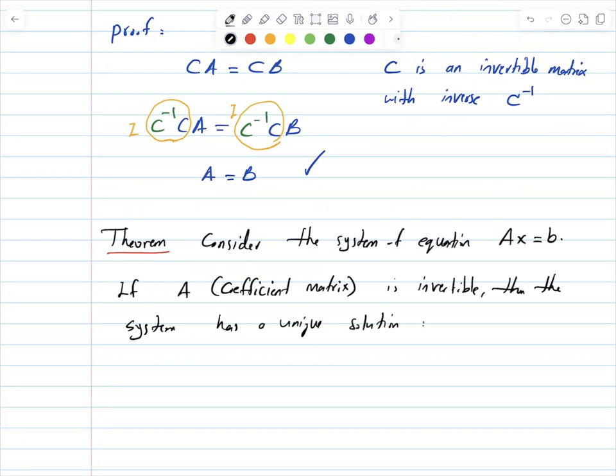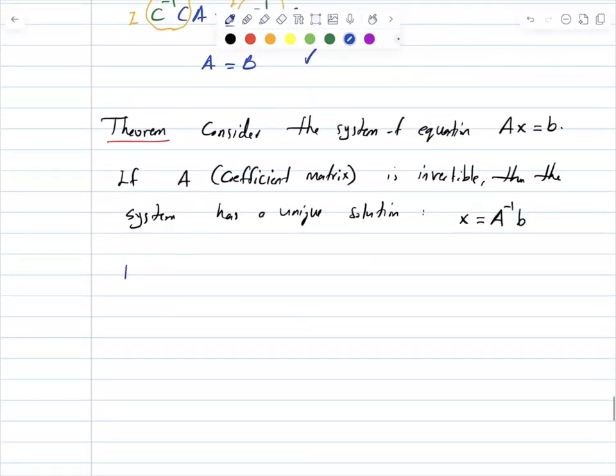That unique solution is X equal to the inverse of A multiplied by the column of constant values. The proof is very easy. Let's take a look at the sketch of the proof.